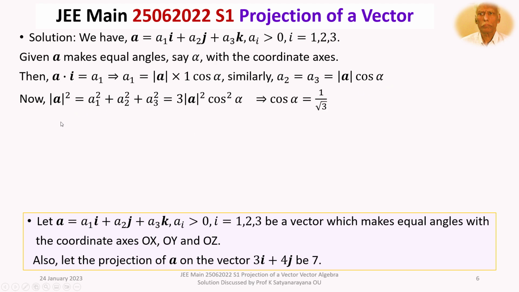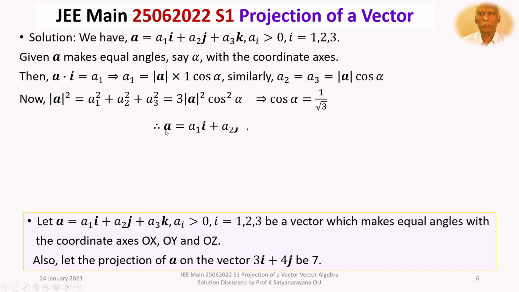Mod A square is equal to a1 square plus a2 square plus a3 square, each being mod A cos alpha. That will be 3 times mod A square cos square alpha, and mod A square is there on both sides, therefore 3 cos square alpha is 1, cos square alpha is equal to 1 by 3, therefore cos alpha is equal to 1 by root 3.